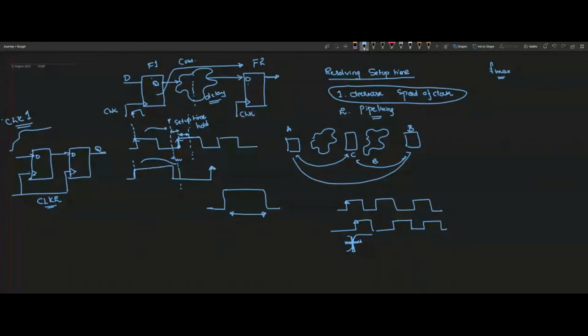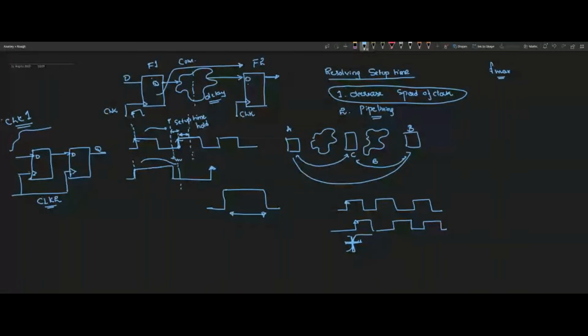Whatever we were discussing is static timing analysis. We are not bothered about what functionality the circuitry is doing; we are bothered only about timing aspects. There is another analysis called dynamic timing analysis, which is nothing but your simulations.